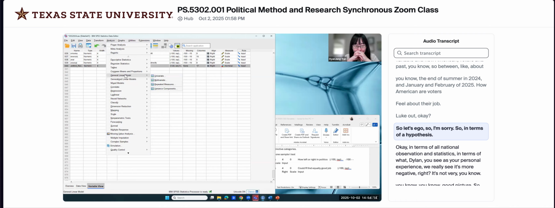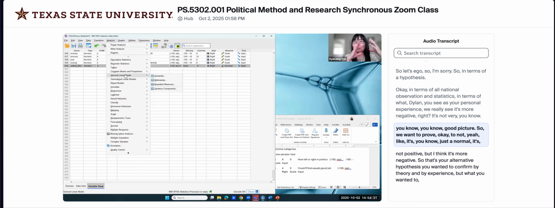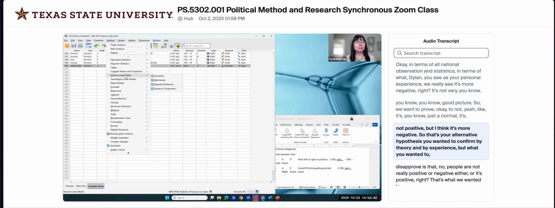In terms of hypothesis, in terms of all national observation and statistics, and what you see as your personal experience, we really see it's more negative, right? It's not a very good picture. So we want to prove that it's not just normal, it's not positive, but it's more negative. That's your alternative hypothesis you want to confirm by theory and by experience.